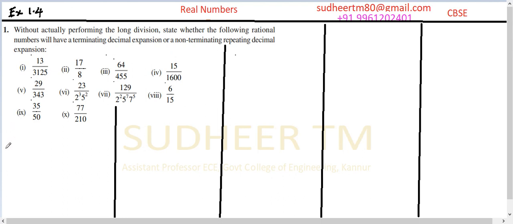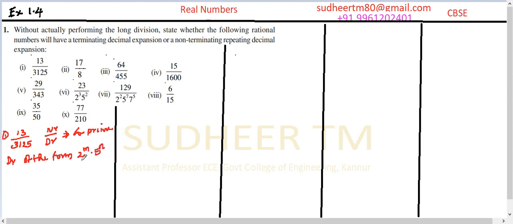Okay, what is given here? Question number 1 is 13 divided by 3125. If we have to decide whether a fraction is terminating or non-terminating: if it terminates, then numerator and denominator must be co-prime, and the second point is the denominator should be of the form 2 raised to m into 5 raised to n.